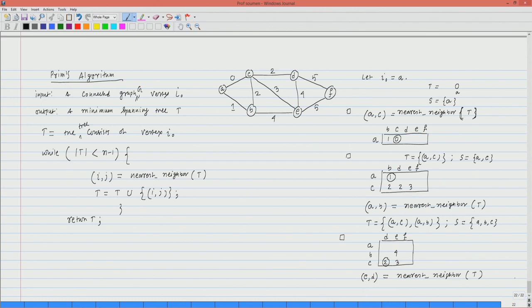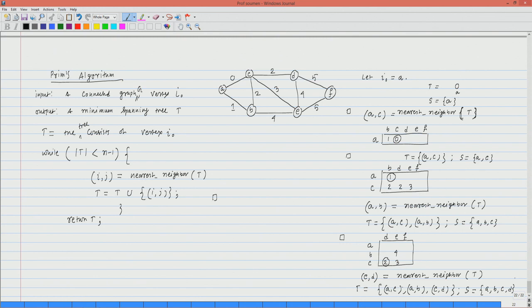Well, so one more iteration. So, now you update your T. The tree T consists of three edges now: AC, AB and CD, and of course, your S is then A, B, C, D, right.